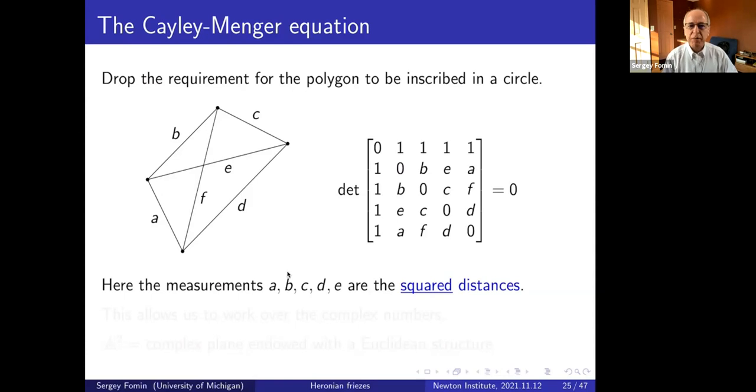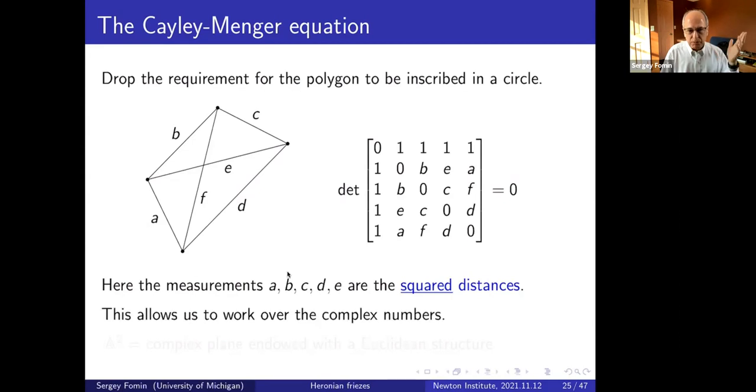Okay, so here A, B, C, D, E, F are the square distances, which is actually good because square distances make sense even over complex numbers. Whereas the distance is the square root of something, and then which square root do you take? So we encounter the problem that I already mentioned. But this equation involves only square distances, which makes sense. They're regular functions, so they are uniquely defined. So it looks good. We have an equation.